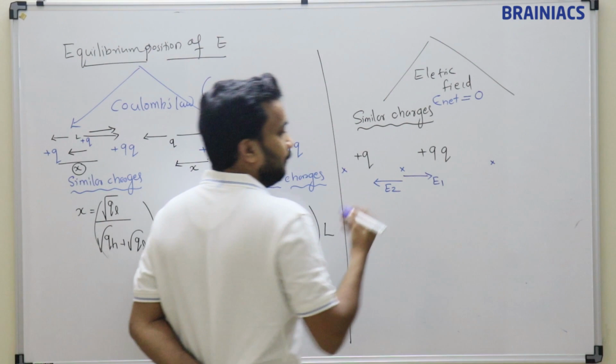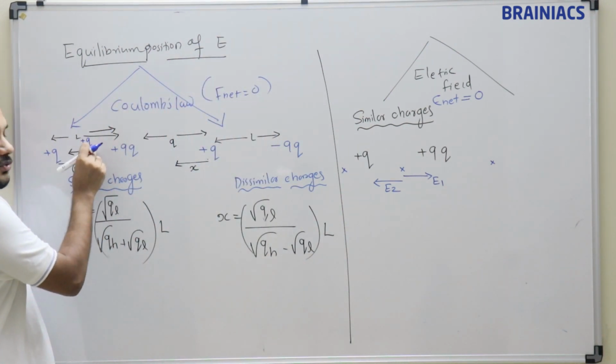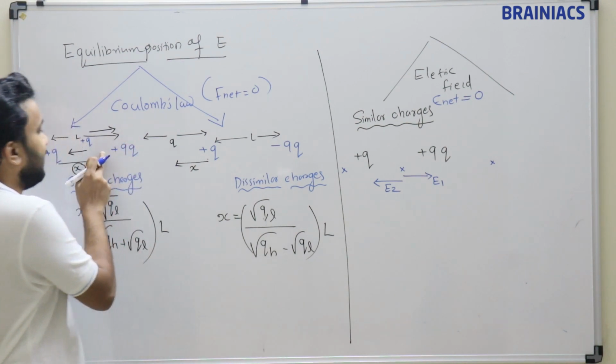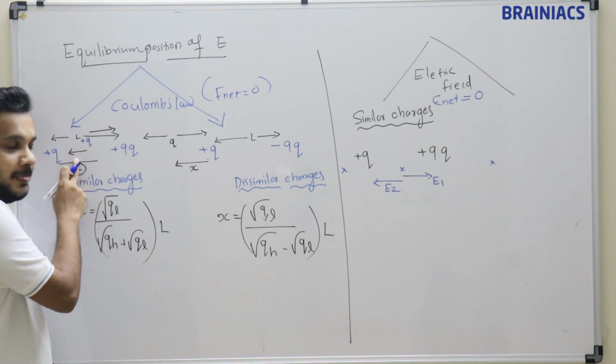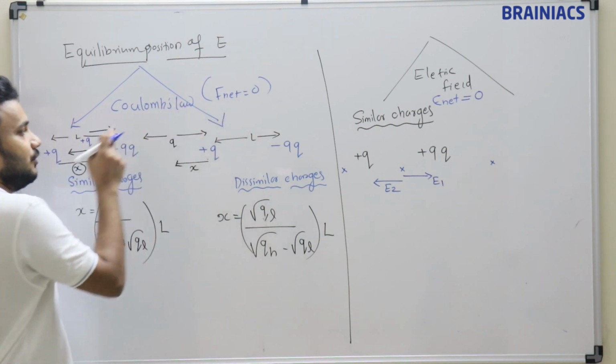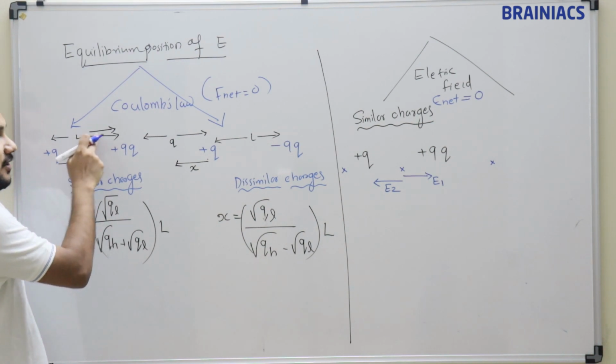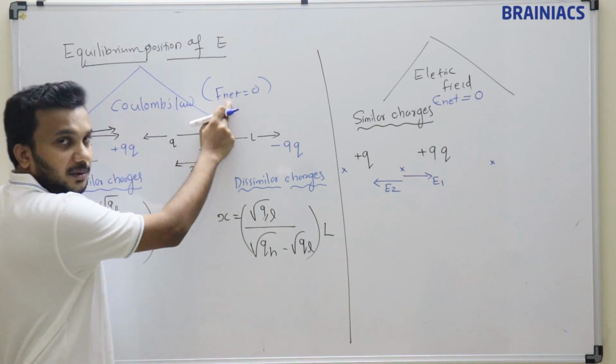So E1 and E2. Similar to here, there are two forces, one force towards right, another force towards left, which means there is a possibility of total force being equal to 0 because one force minus another force, both forces are in opposite direction. So F net will be equal to 0.